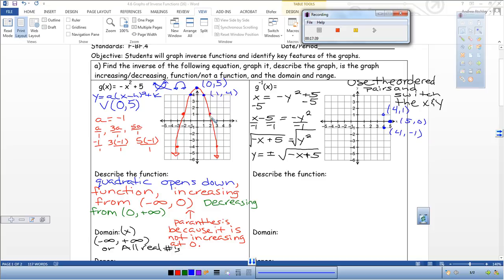So I'll do the next point, 2 and 1. I'm going to graph where x is 1 and y is 2. And that right here as well: x is 1, y is negative 2, because that'll be this point here. So this is now my parabola turned on its side.